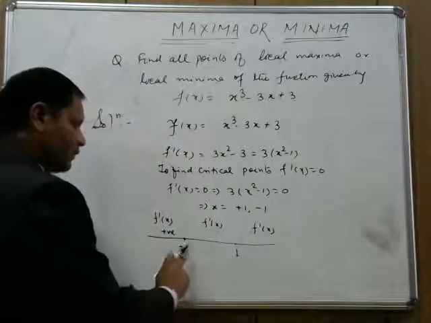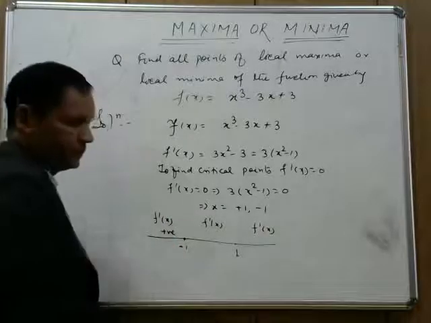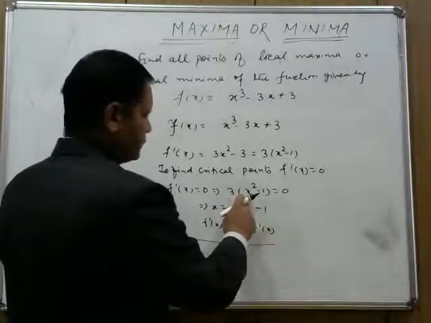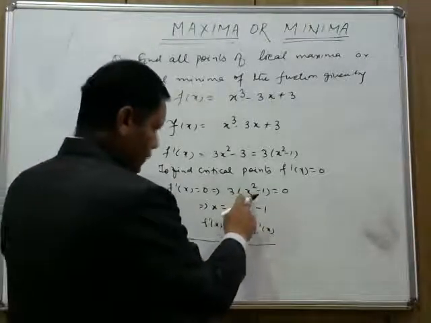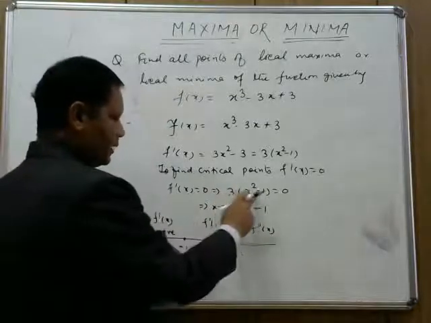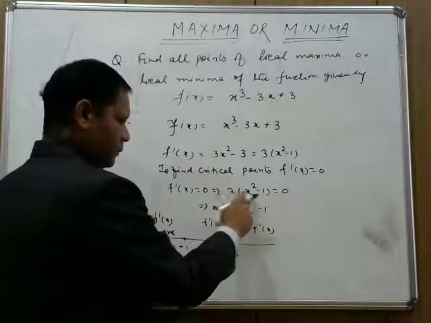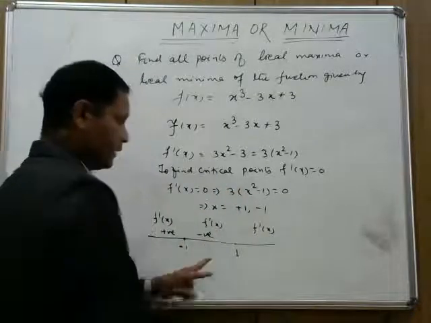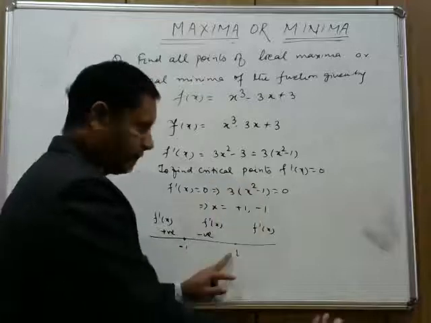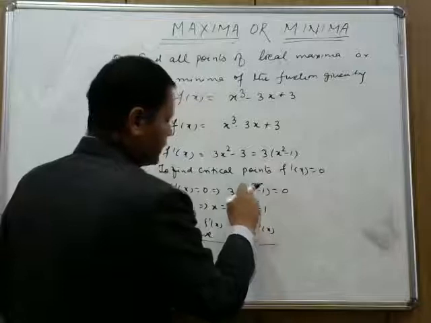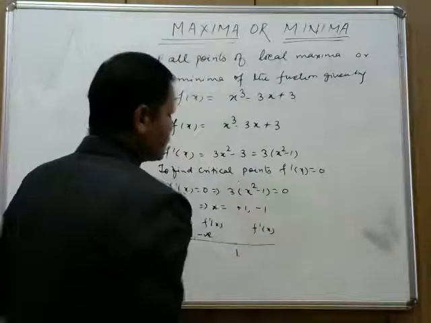If I take any value after -1, if I take 0, I get f dash of x as 0 minus 1, and that will give you -3, that's why it becomes negative. If I take any value after 1, suppose I take 2, then 4 minus 1 becomes positive.